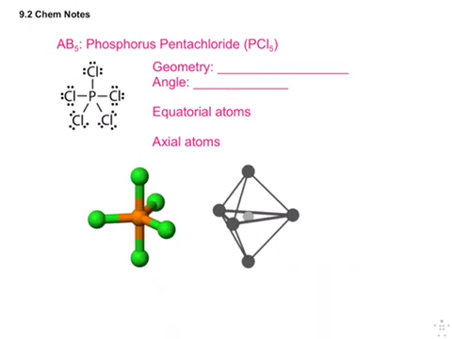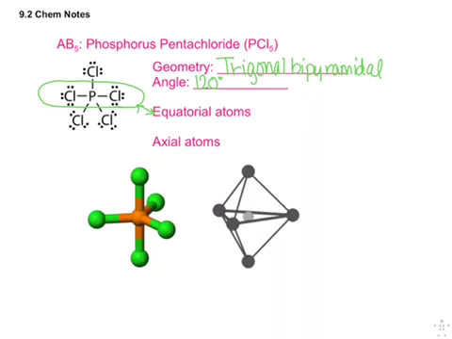All right, our next structure will be trigonal bipyramidal. And our bond angle is 120 degrees. In this particular situation, we have something called equatorial atoms. And equatorial atoms are the ones that lay on the flat plane, like an equator.